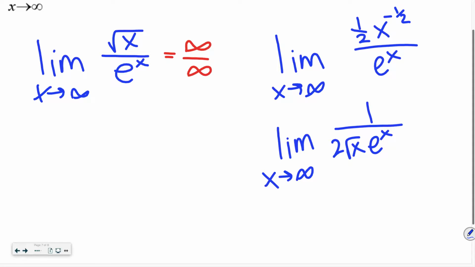The 2 gets to be in the denominator. X to the negative 1/2, let's put that in the denominator as a positive exponent. Now, we've already thought about these. e to the x goes to infinity. Radical x goes to infinity. So my whole denominator is going to infinity, so my fraction goes to 0.